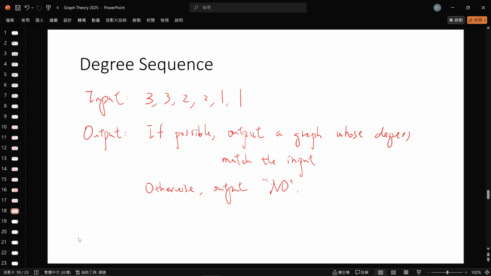Right, okay. So do you think it is possible to find a graph whose degrees match this input? Perhaps let's try some simpler input.